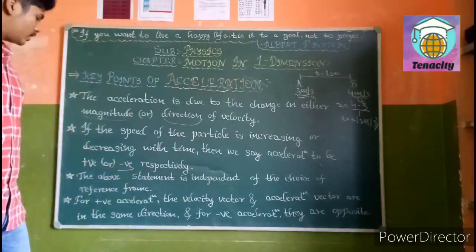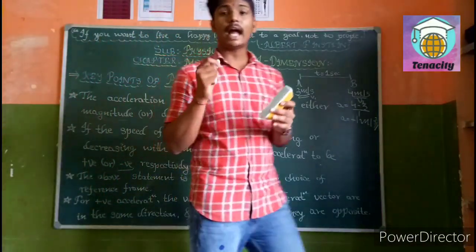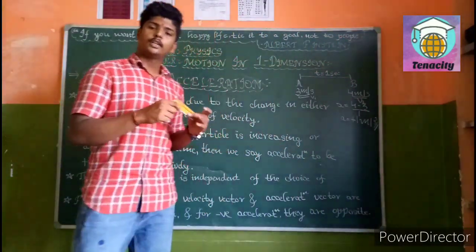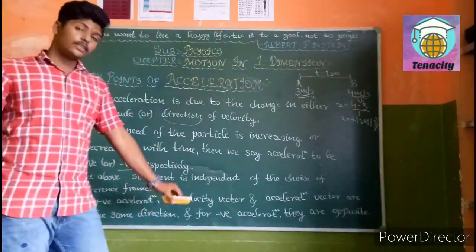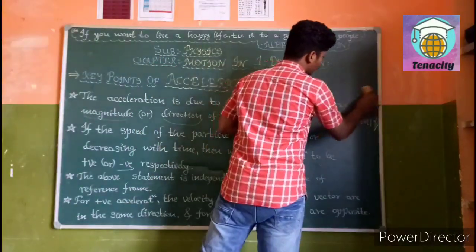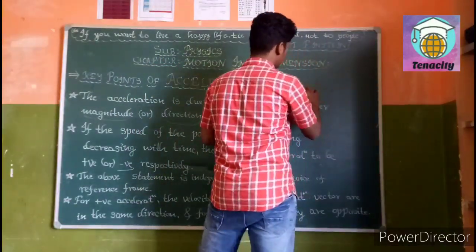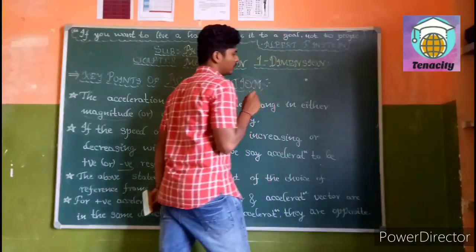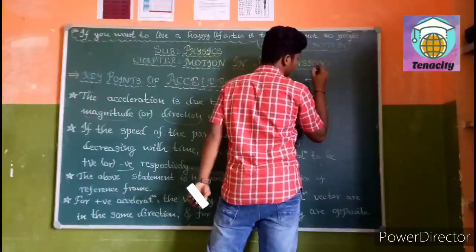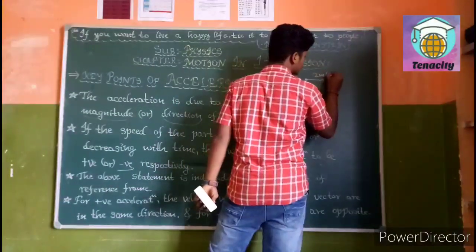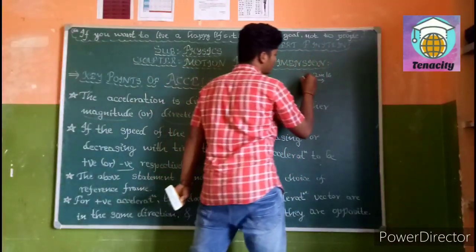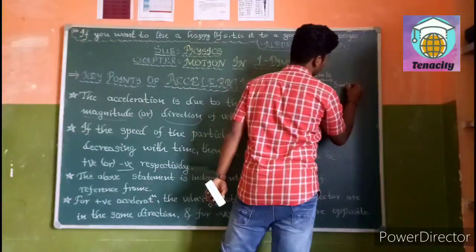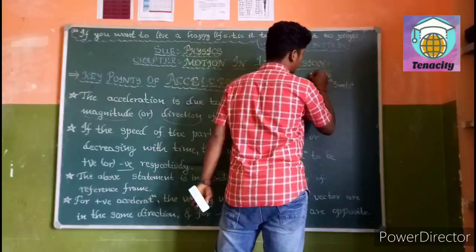For positive acceleration, the velocity vector and the acceleration vector are in the same direction. Suppose you consider a body. Let us say the velocity is 2 meter per second and the acceleration is 3 meter per second square.